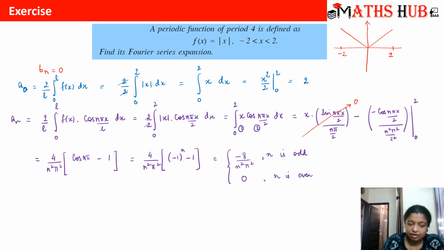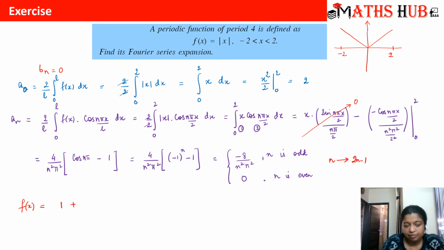So then what is the Fourier series expansion? f of x is equal to a0 by 2, so I'll get a 1 over here. Then you can see that the series exists only for odd n, so you can replace n with 2n minus 1, right?